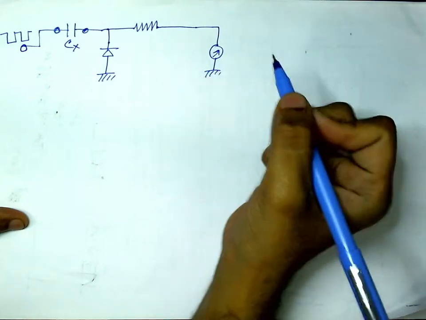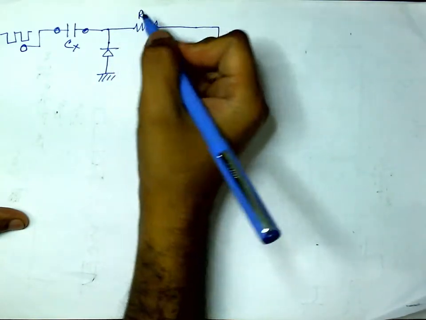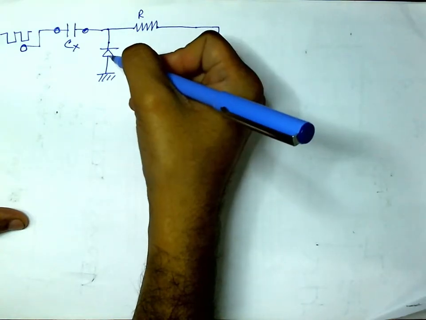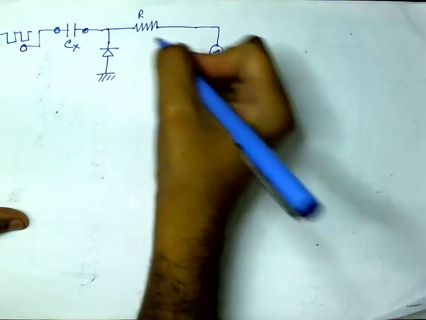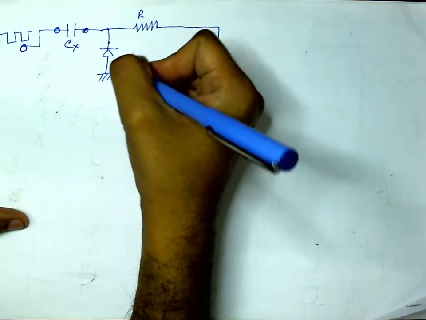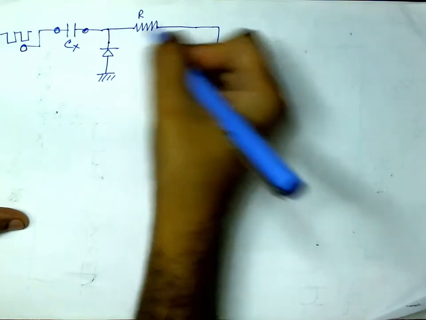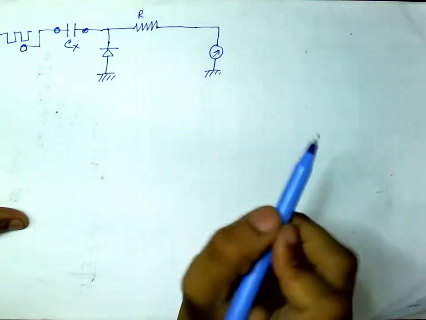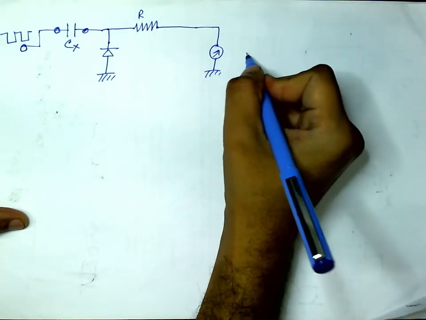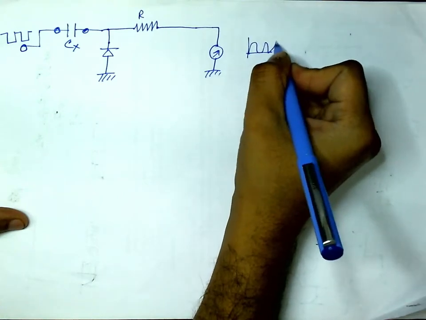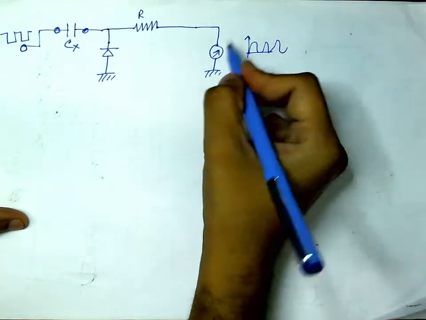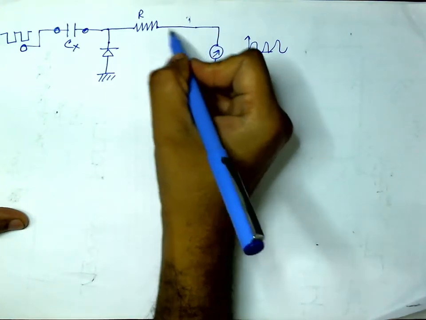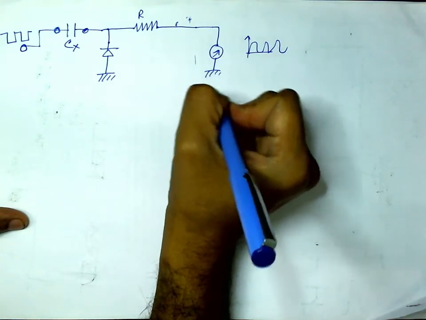Here is the meter. This is the high resistance, not very high, but definitely higher than this diode, so that discharging does not occur through the meter. So this is the circuit, and here I know the current will be like this. What I will do now, look at this part, maybe from here to here.